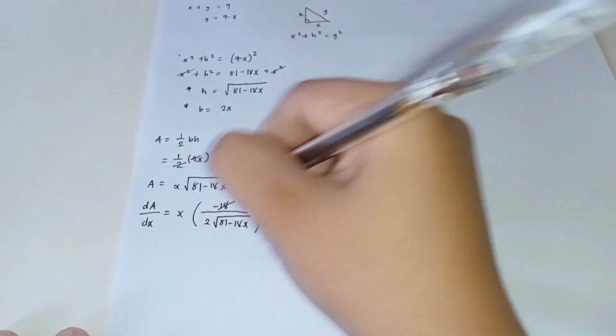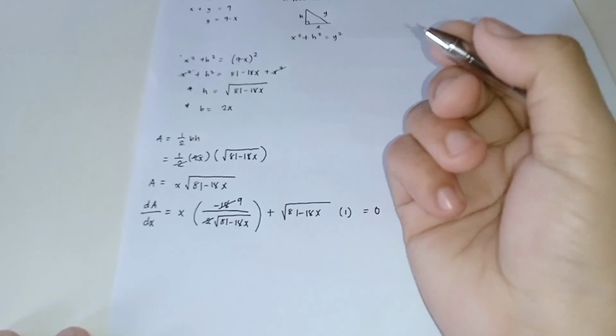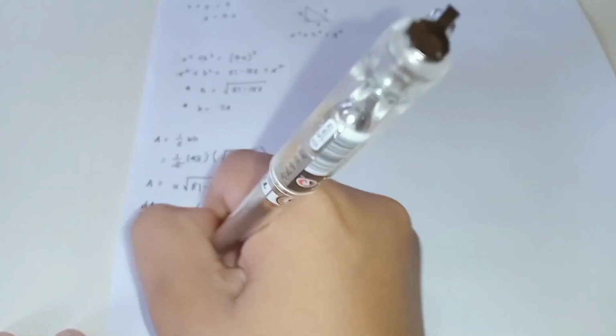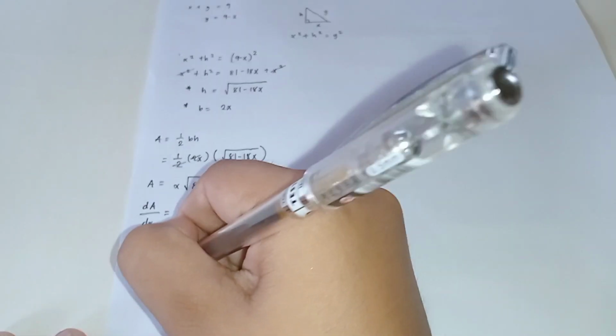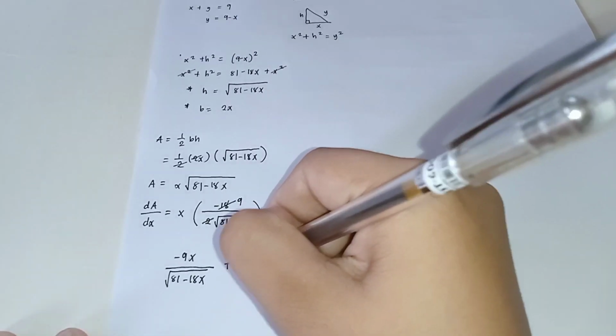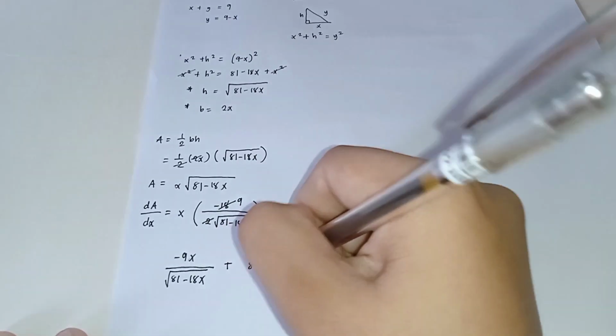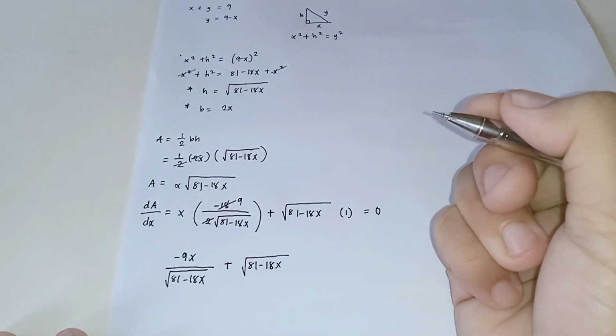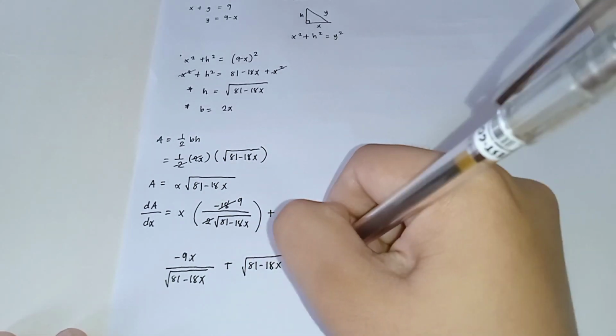This will be negative 9 here. So now this will be negative 9x all over square root of 81 minus 18x plus, it's just square root of 81 minus 18x is equal to 0.